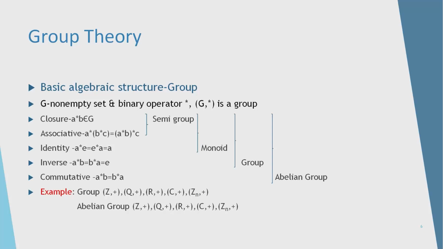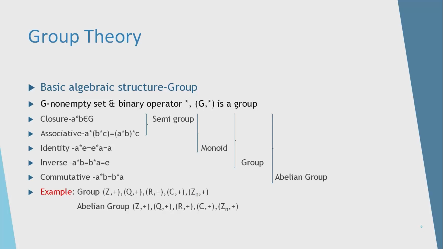Then for associative, a, b, c are three elements in G, then a star (b star c) is equal to (a star b) star c. Then we call it as star satisfies the associative property. There exists an element e in G such that a star e equals e star a, that is equal to a, then e is called the identity element.